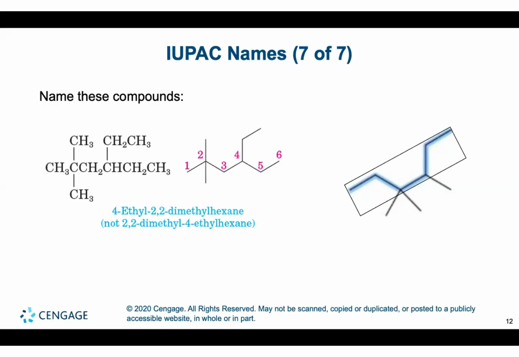I cannot go based on alphabetical order because both are methyl. Pay attention, guys. The di here, the 2 here, I understand. I say, okay, that's a di here. But the di does not count in alphabetical order. Okay, so that's not gonna count.